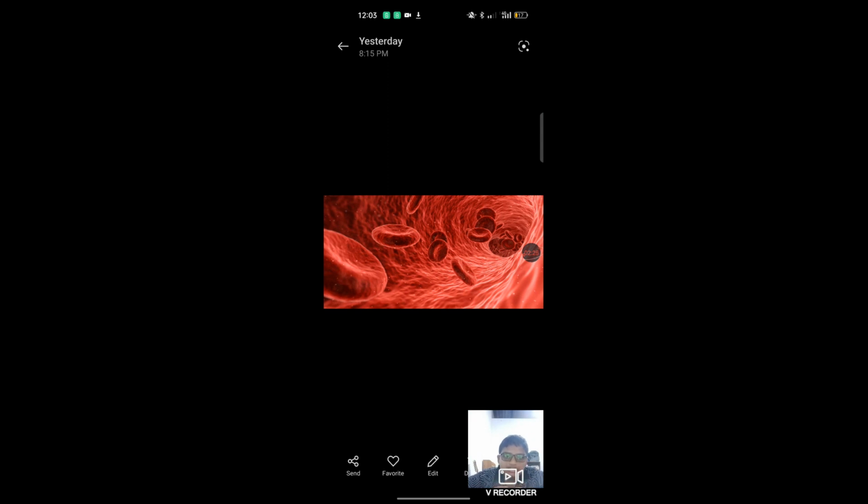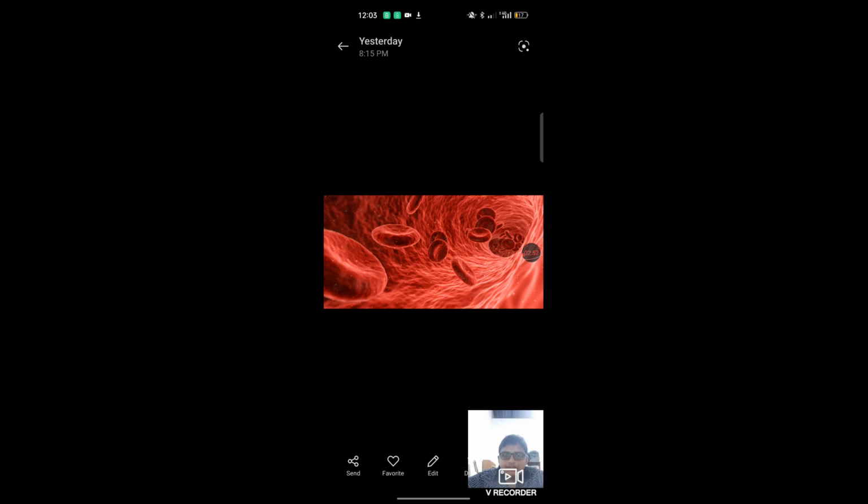This transportation happens because there is a pigment in red blood cells known as hemoglobin. This hemoglobin attracts oxygen to the red blood cells. When these red blood cells flow through the blood plasma, they go to all the cells and release oxygen.